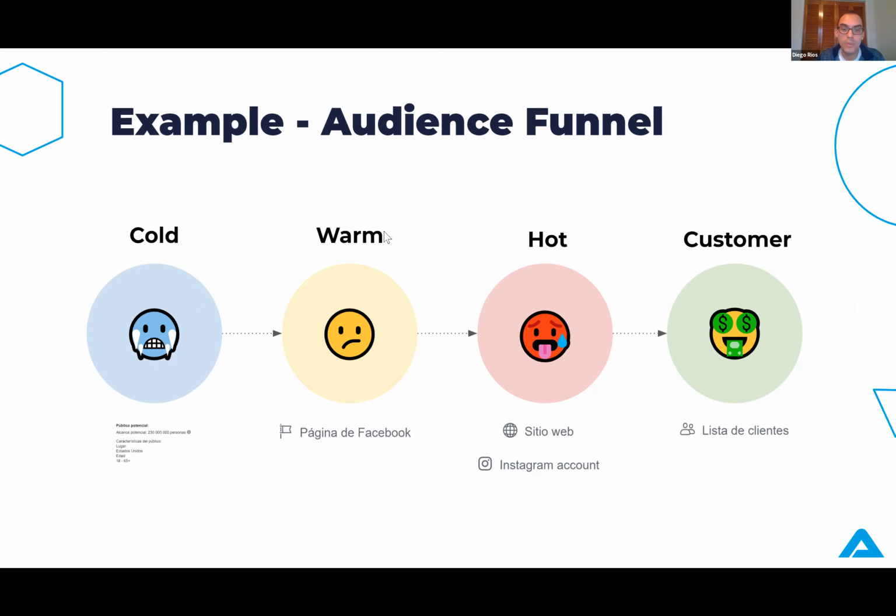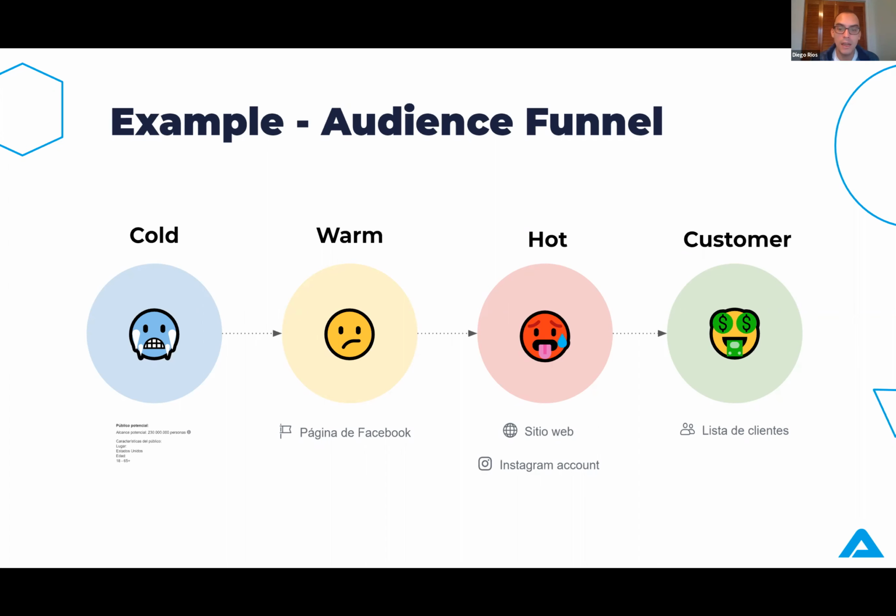So I want to go after people who started interacting with my Facebook page, or people who visited the website and added products to the website, or I want to upload a database or use my purchase event with my pixel and go after those customers. So the big difference between saved and custom audiences is that usually you'll use a different audience depending on the stage that you're trying to target within your funnel.